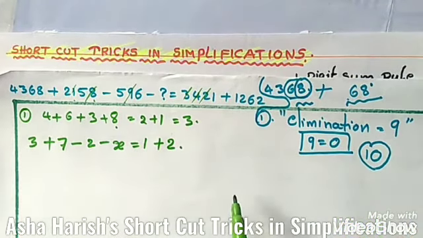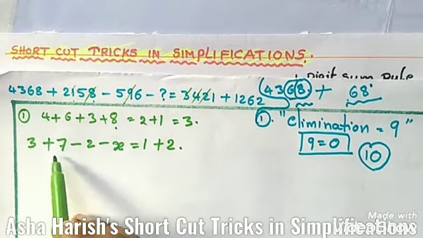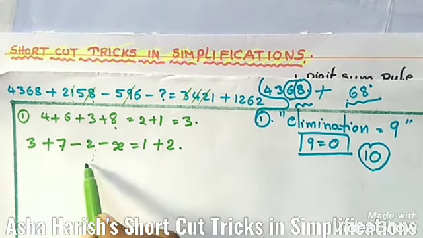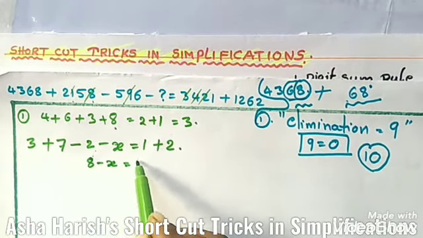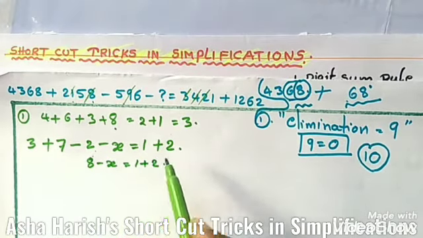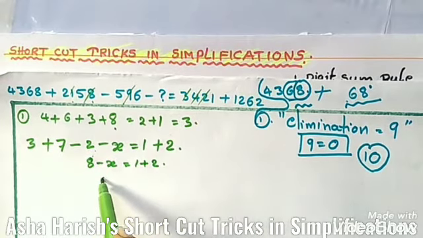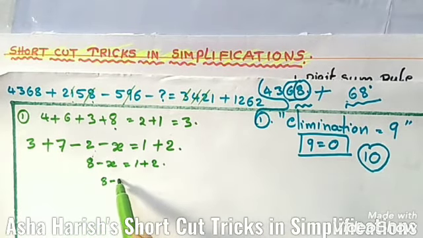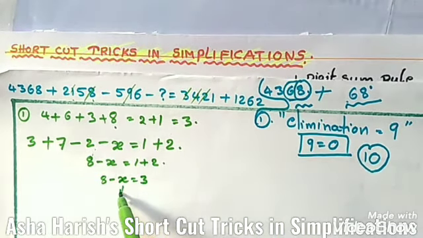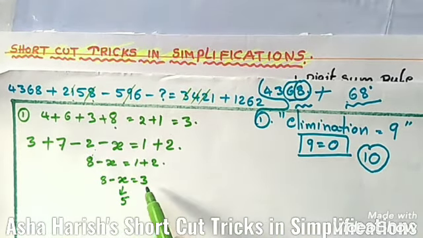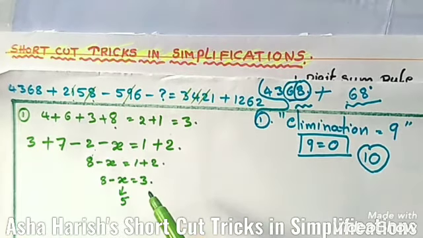Now let us simplify this. 3 plus 7 is 10, 10 minus 2 is 8, minus x is equal to 1 plus 2, that is 3. Now 8 minus x is equal to 3. Instead of x, if you take 5, then only you get 3.